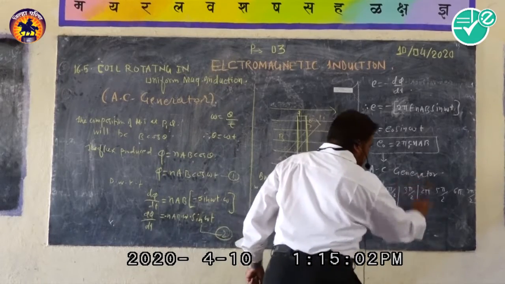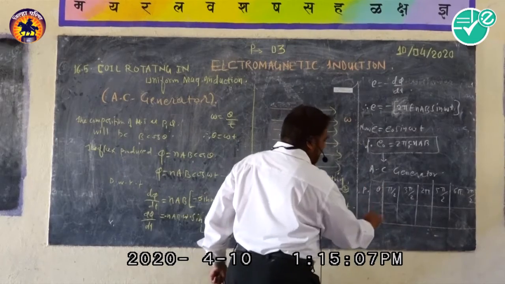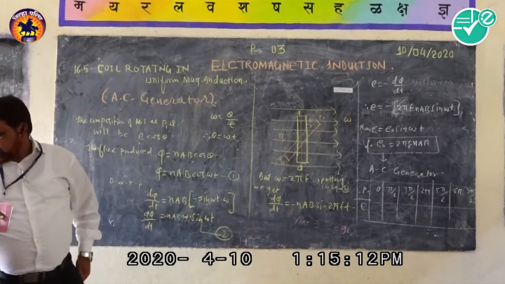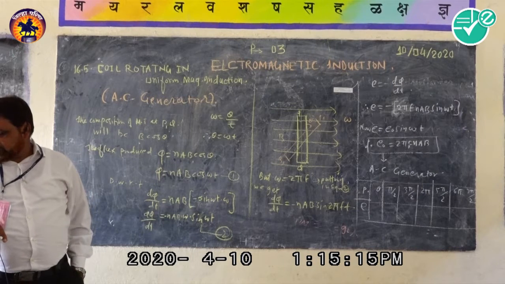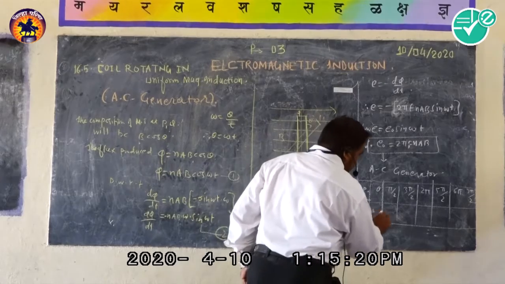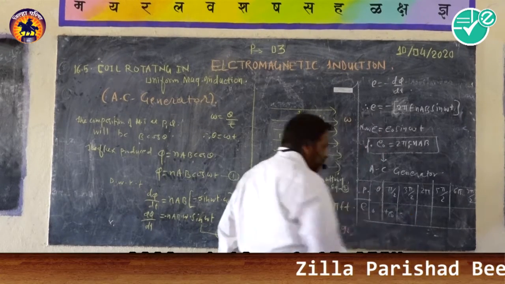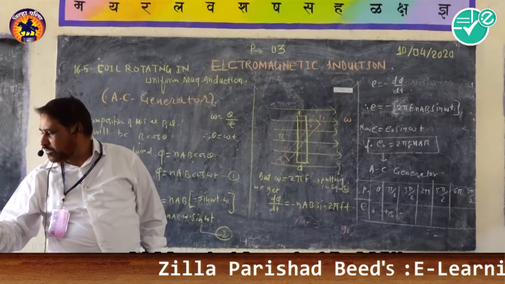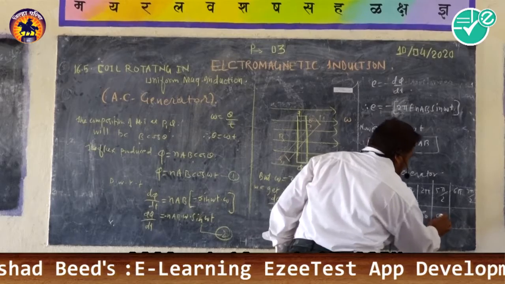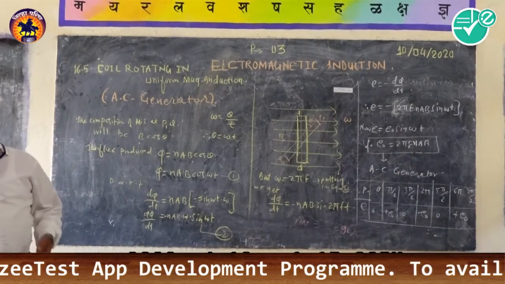Since the phase changes like this, how does the EMF change? Initially it is 0, then it is plus E0, then 0, then minus E0, then 0, and plus E0 again.